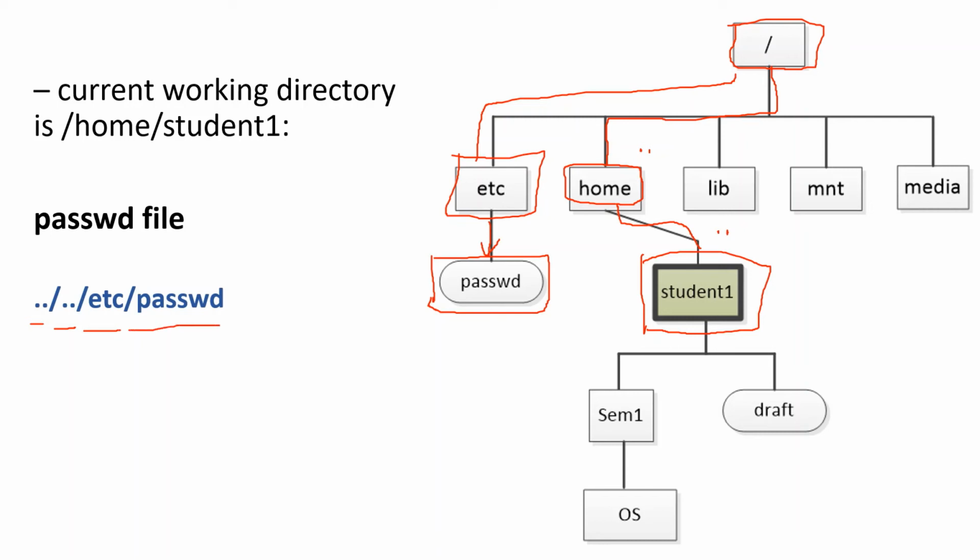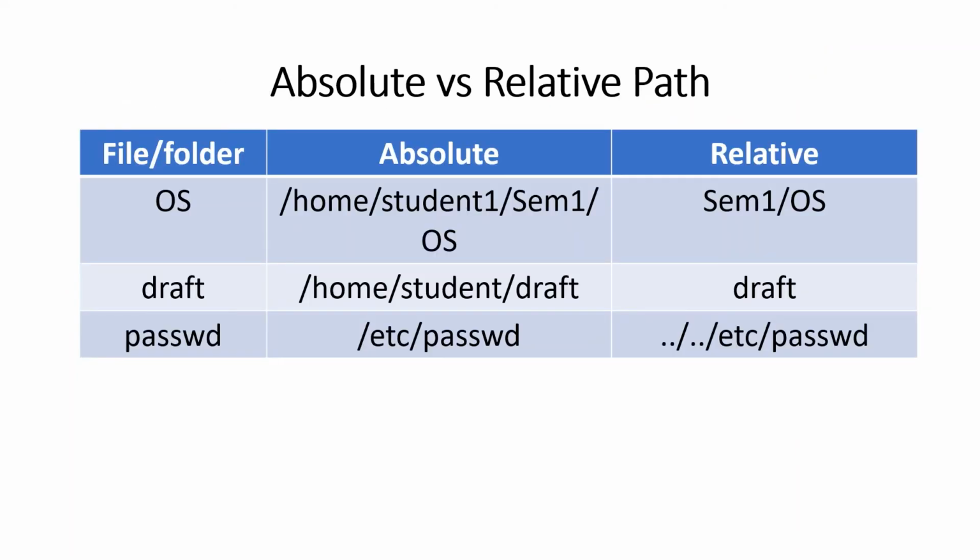then password. Okay, so those are the three examples of relative path which I can conclude in this table. For the OS file, this is the absolute path and this is the relative path, and likewise for draft and password.